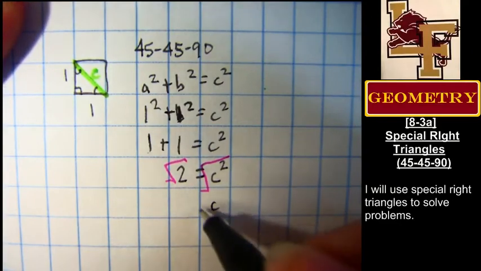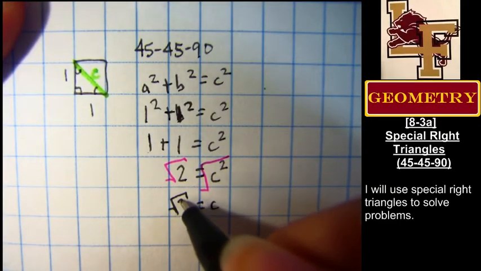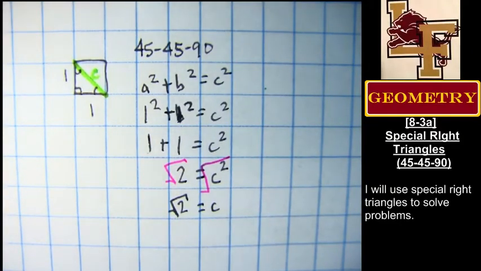And c equals the square root of 2, which I have to leave like that, because I can't think of a whole number that, multiplied by itself, gives me 2. 1 times 1 is 1, and 2 times 2 is 4. I can't get to 2, so I just leave it that way.